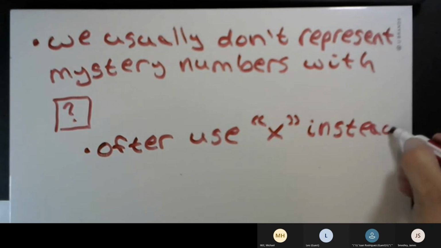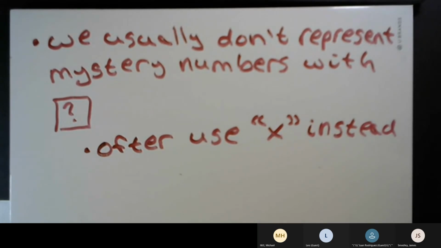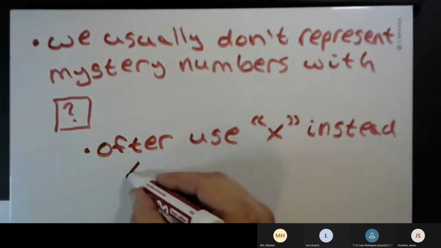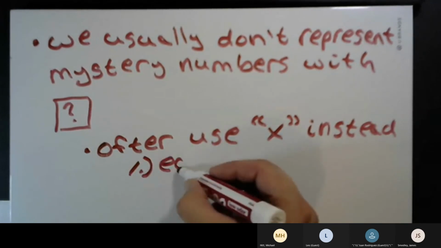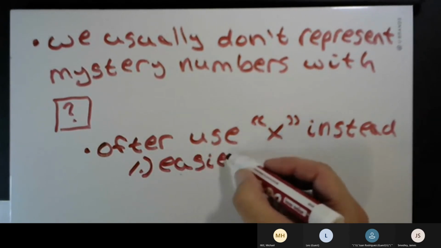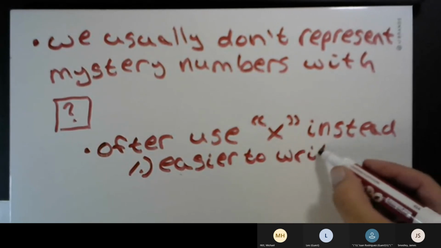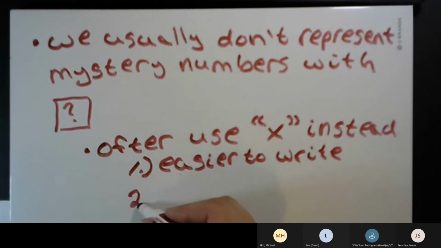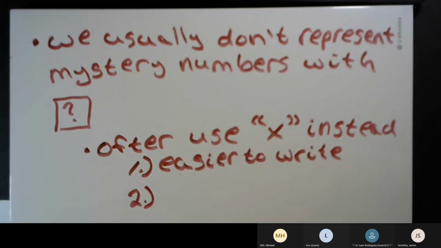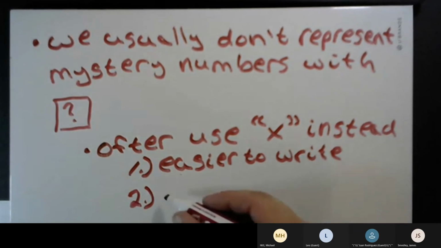Now, again, I'm guessing as to why X has been chosen, but I can give you 2 reasons. One, it's easier to write. And 2, it doesn't look like a number.